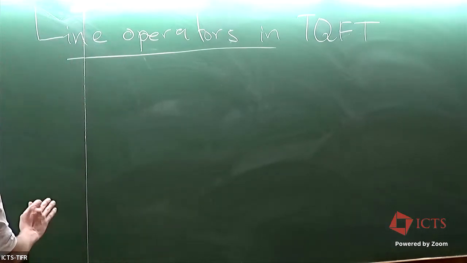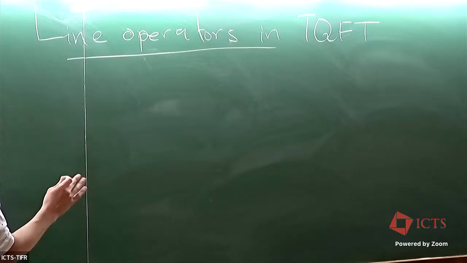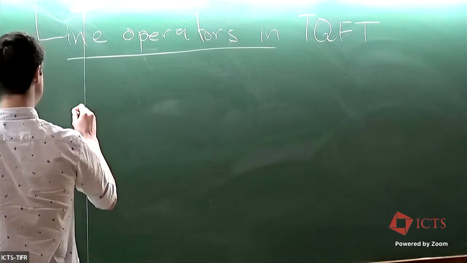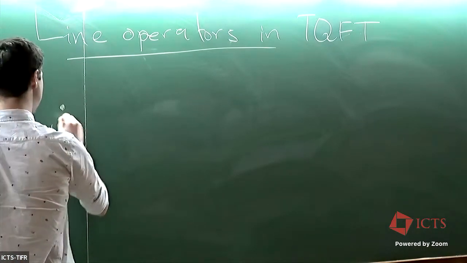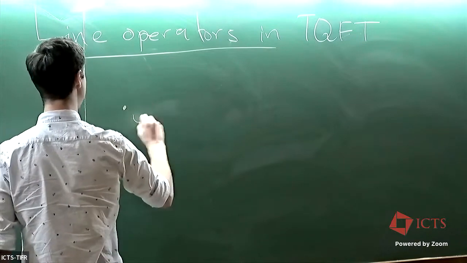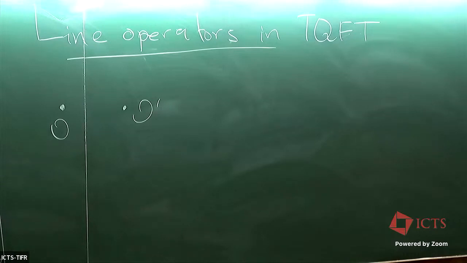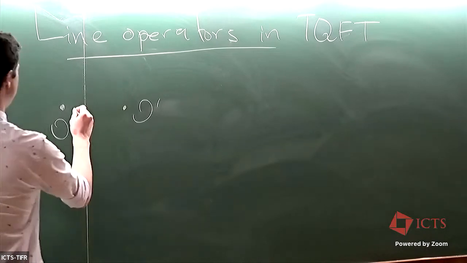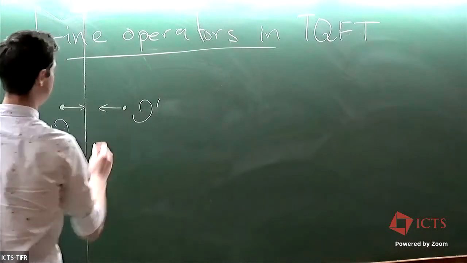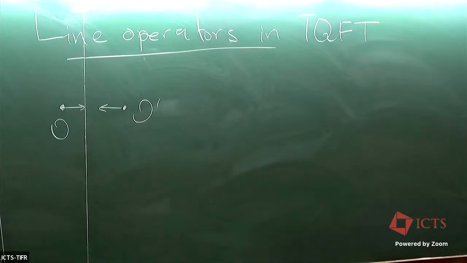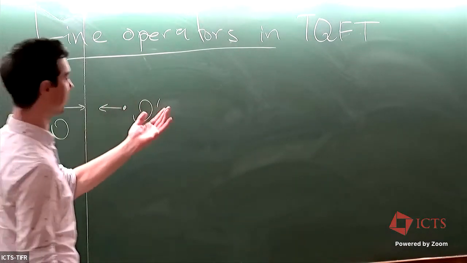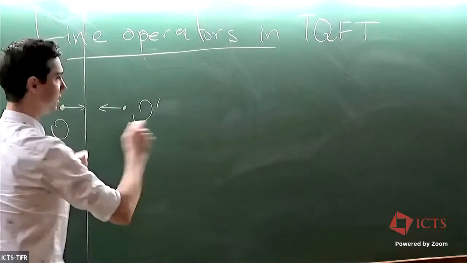Before we get to line operators, I want to first mention local operators, which means operators that are localized at individual points in space. So I imagine I have two objects I can insert at different points in space-time, and I can imagine taking a limit where the points where I insert them come close together to one another. Because this is a topological quantum field theory, nothing really cares about distances.